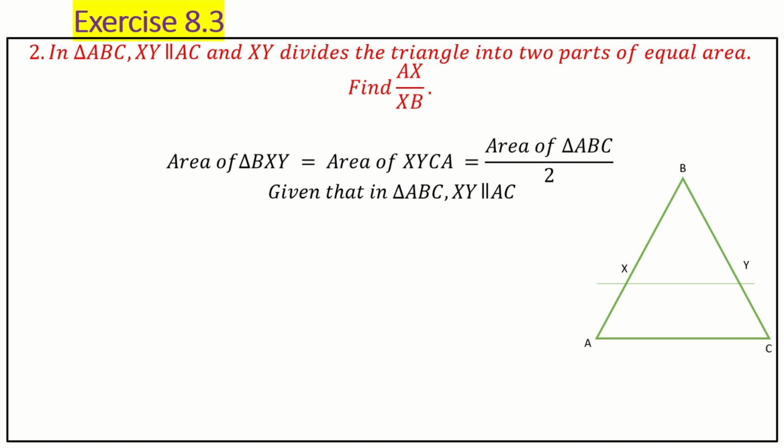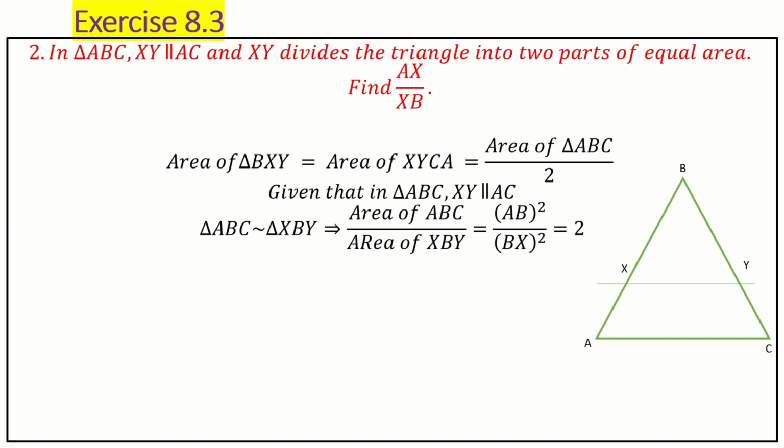Given that in triangle ABC, XY is parallel to AC, we know that triangle ABC is similar to triangle XBY. So area of ABC by area of XBY equal to AB by BX whole square, or AB square by BX square, which is equal to 2.